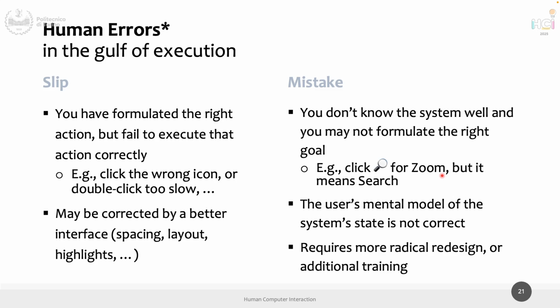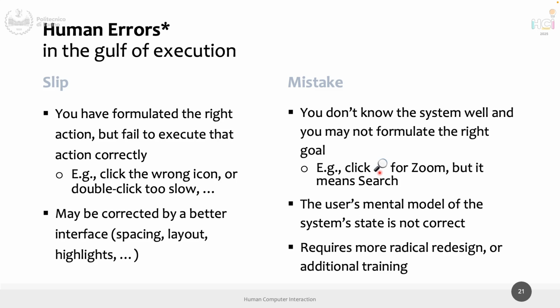And then mistakes are instead the bigger one, where I don't understand the system well, and I'm not able to formulate the right goal. Like I click on this icon, thinking that it's zoom, but it's search. So I want to zoom, but I'm clicking on searching, so I have mistakes here. So in this case, the user mental model, that is the understanding of the system, is not correct.